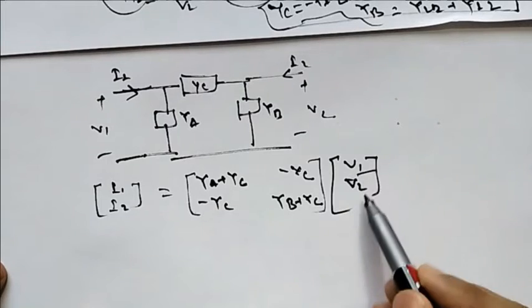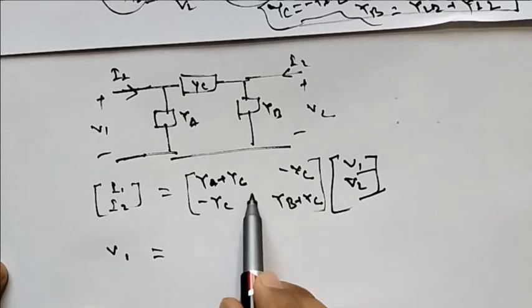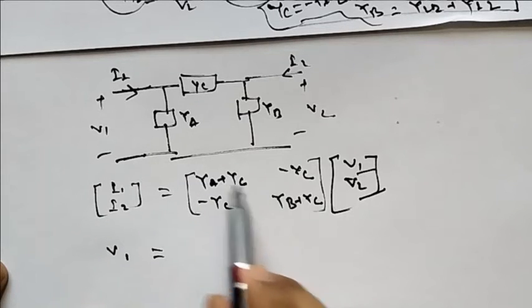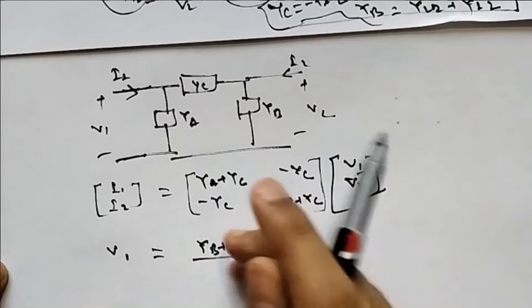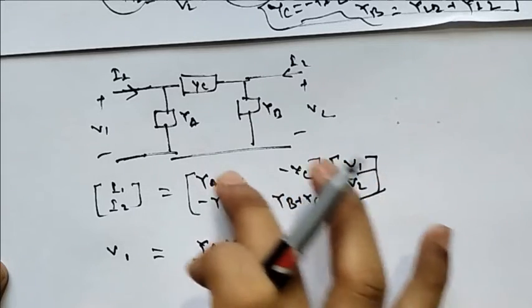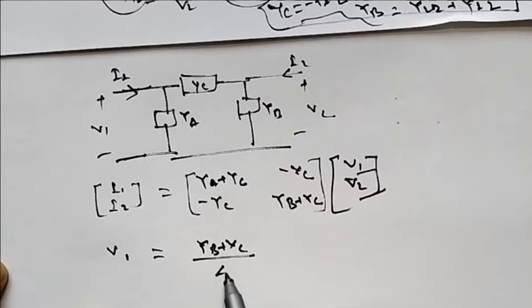Now if you want to get in v1 and v2 form, then taking the inverse, v1 will be equal to, just interchange the diagonal, the first term yb plus yc by delta, this into this, first into fourth minus of this into this, will give you delta, into I1. This is how we calculate the inverse of this matrix.